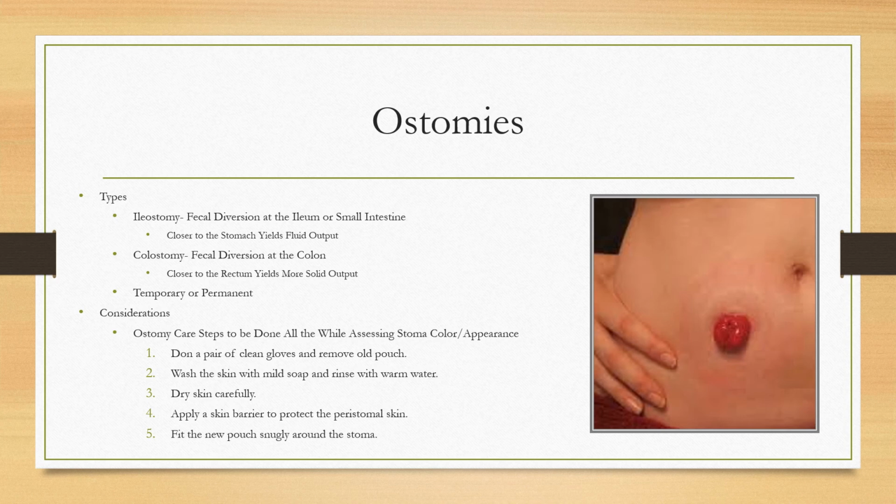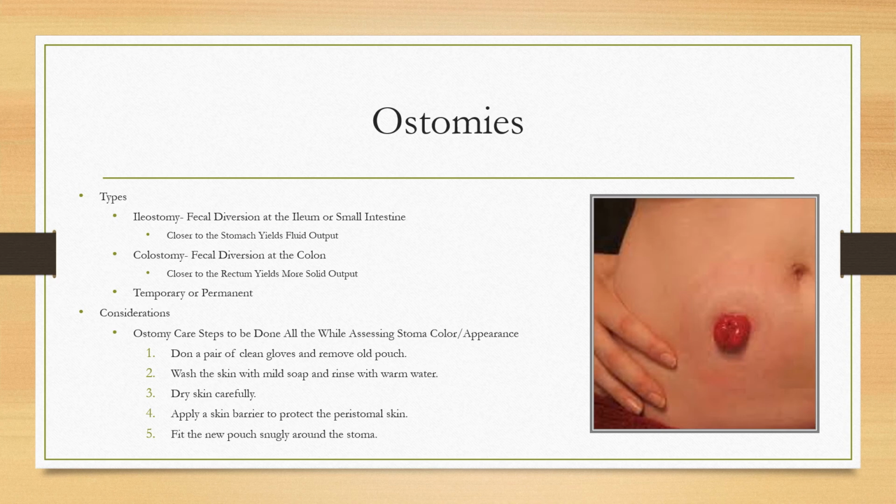So for example, someone who's had a colectomy, so removal of their entire colon, may have an ileostomy. So someone who has severe ulcerative colitis, where they just can't manage it properly, may have an ileostomy since the entire colon was removed.